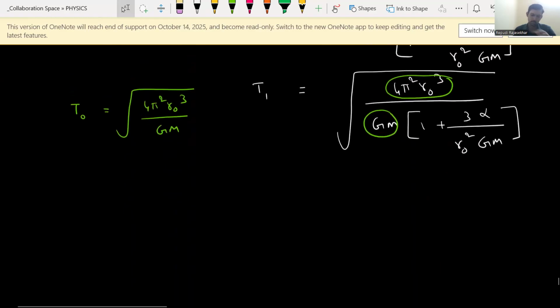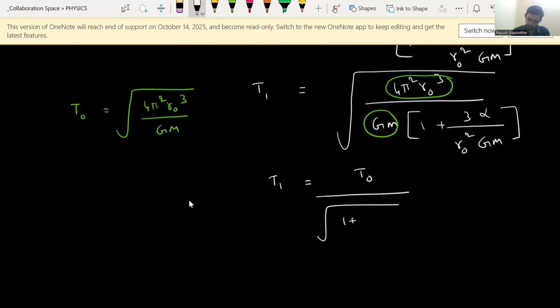Now compare. So T1 equals, instead of this square root of 4 pi square r naught cube by GM, I just simply write T naught. What is left here: root over 1 plus 3 alpha divided by r naught square into GM.